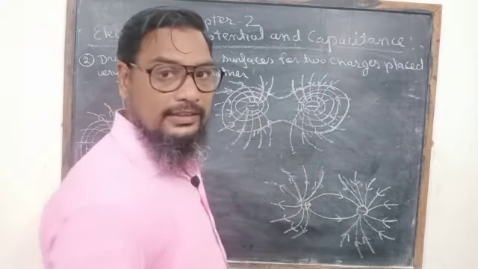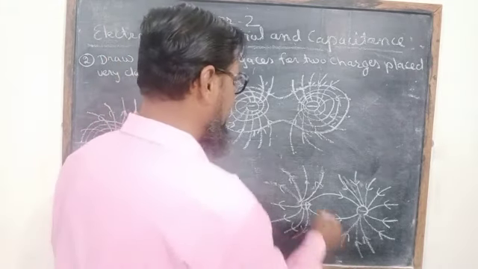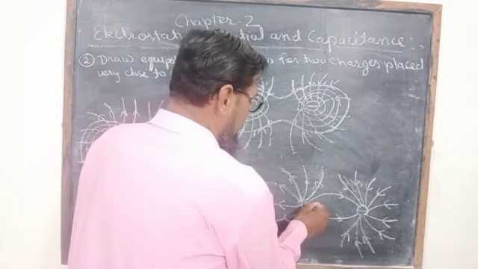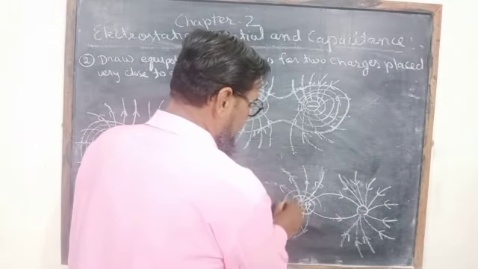And this is the pattern of electric line of forces for an electric dipole, and for equipotential surfaces it is again concentric circles.